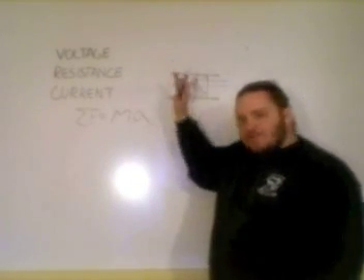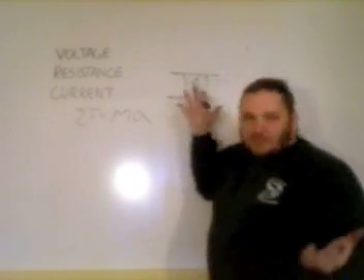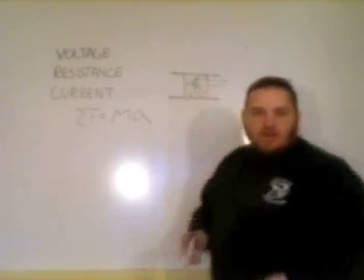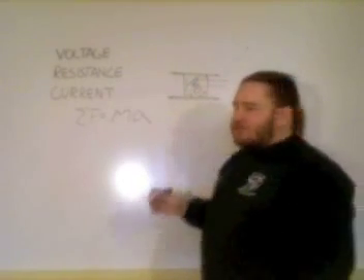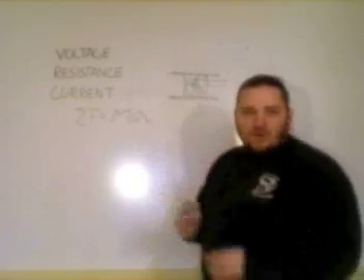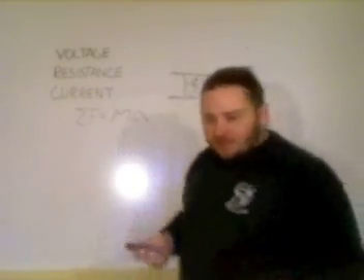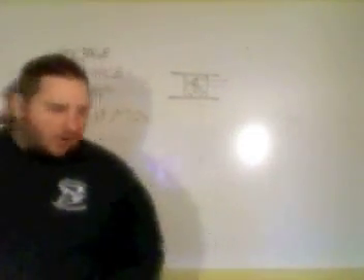Okay? So that's resistance. It's basically a resistance to the motion of charge. It slows down the amount of charge that's allowed to get from one point to another. Okay? So that's resistance. And the last thing is current.